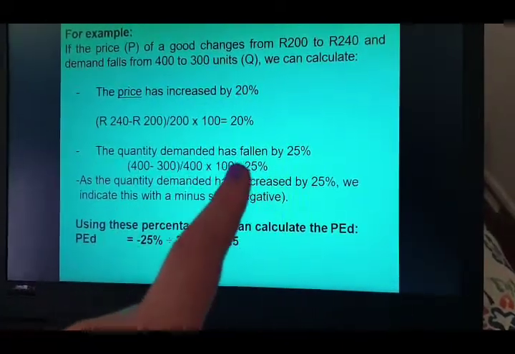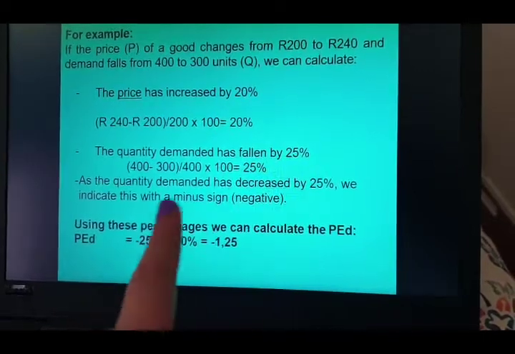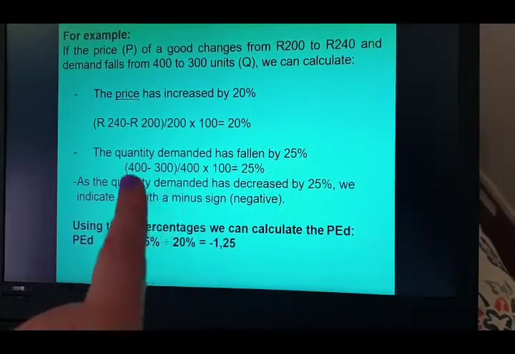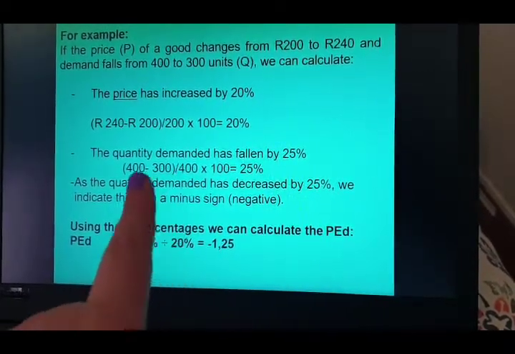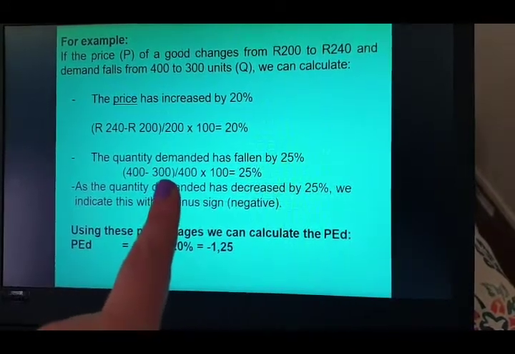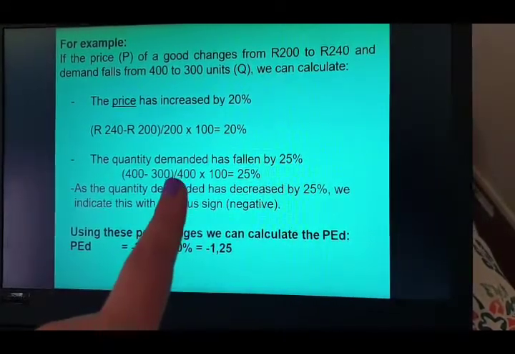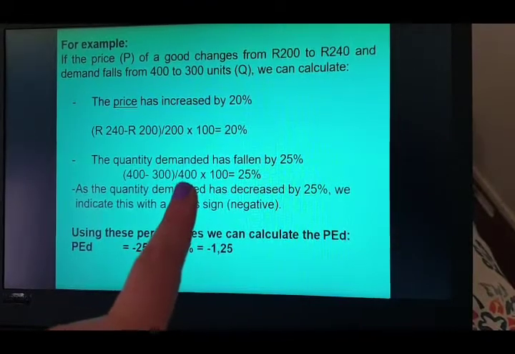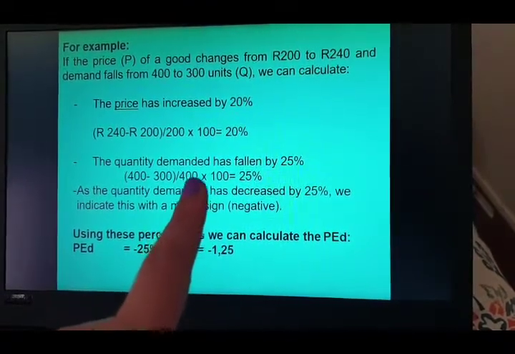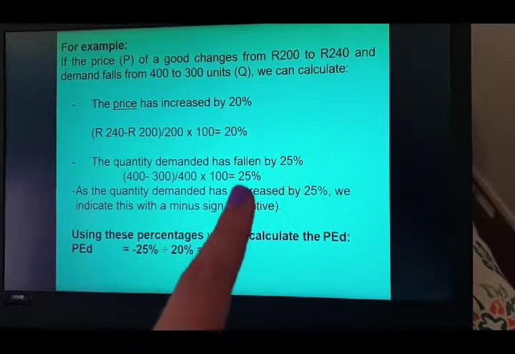The quantity demanded has fallen by 25%. 400 minus 300, that's the units. It was 400, now it's 300, divided again by 400, my original amount of units, times again by 100, 25%.